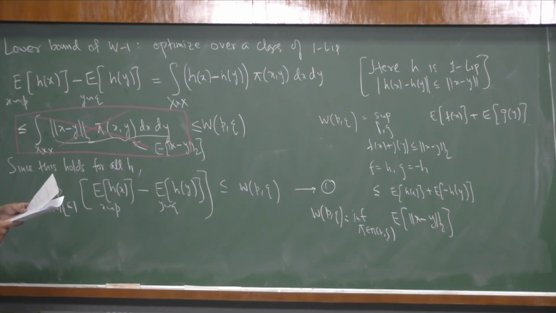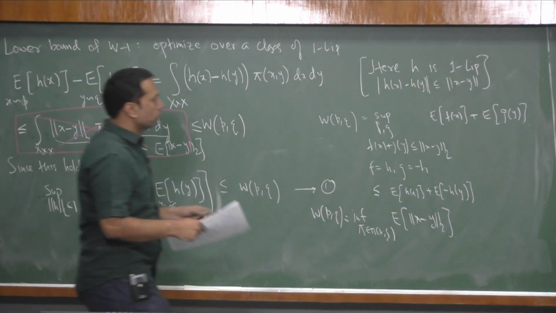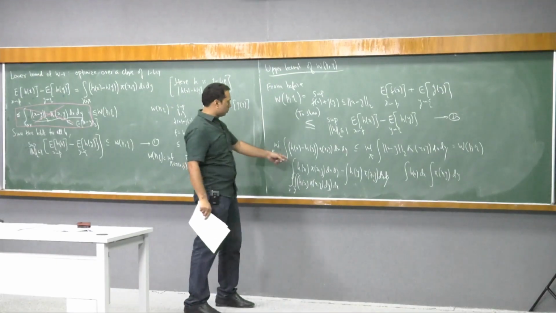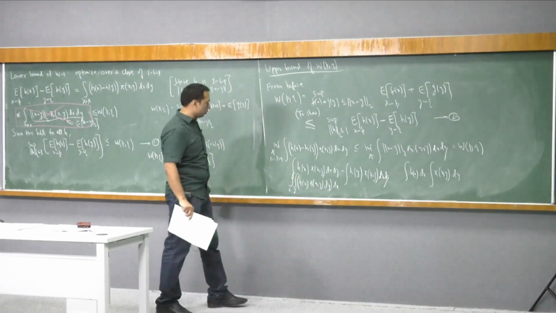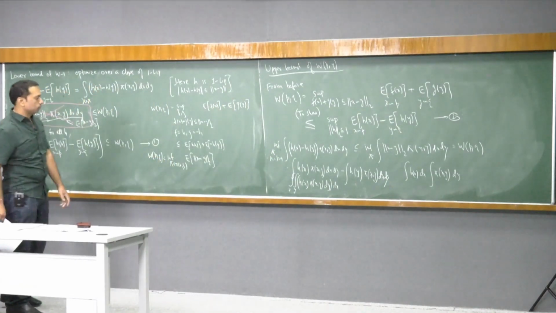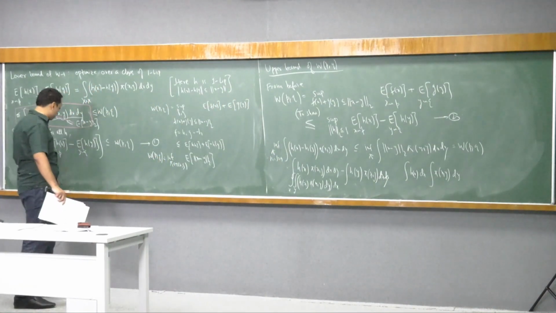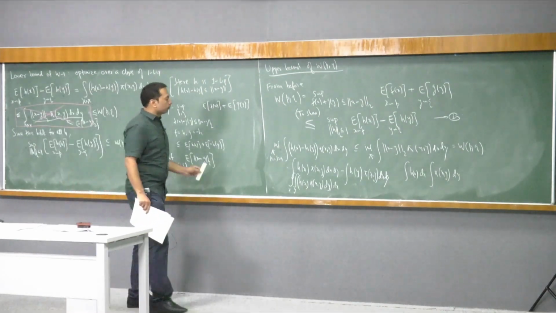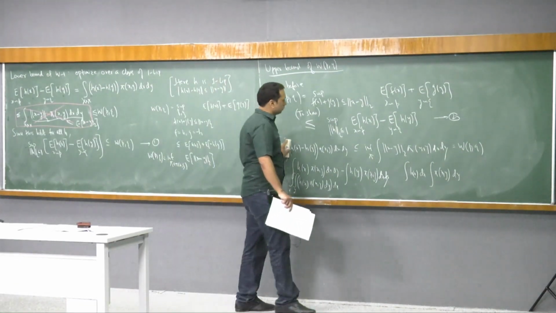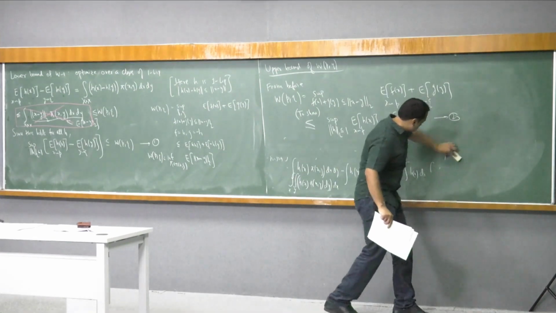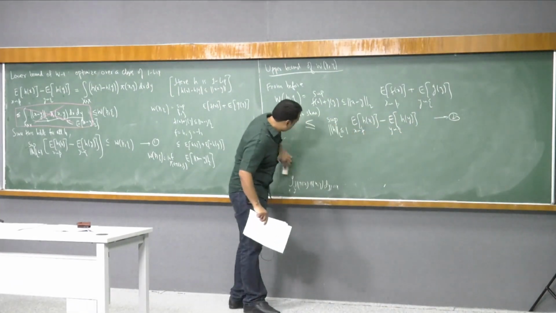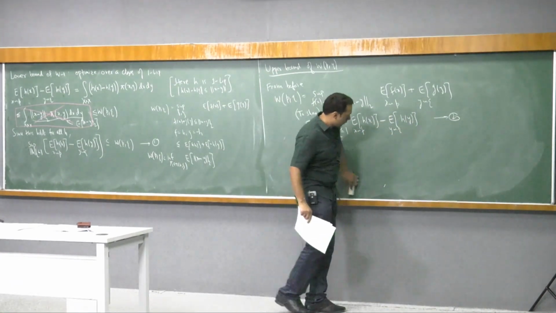Everyone okay with that? The marginal goes out, pi has no role, and then this inequality holds. Now let us do the upper bound quickly, and then we are essentially done.